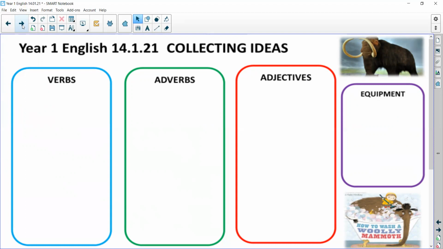The adjectives describe the noun, so a big woolly mammoth, fragrant shampoo, soft silky fur. So think about the adjectives that you will use to describe the nouns, and then the equipment that you will need in order to get the woolly mammoth clean.